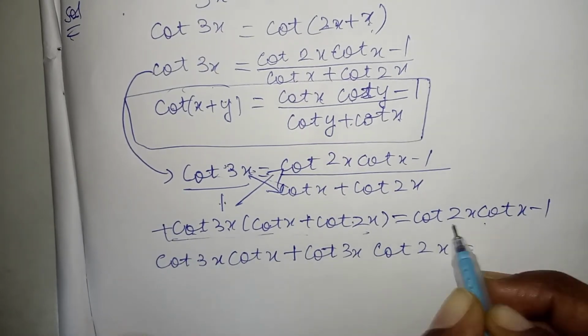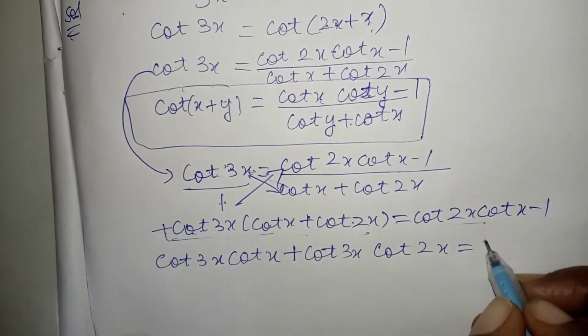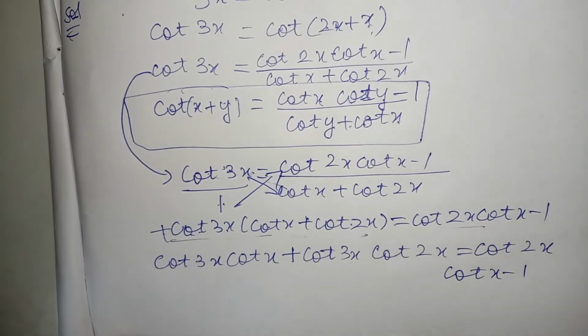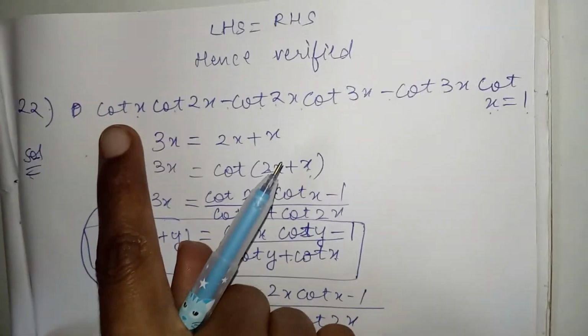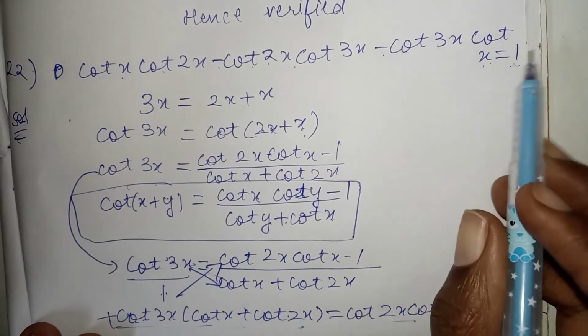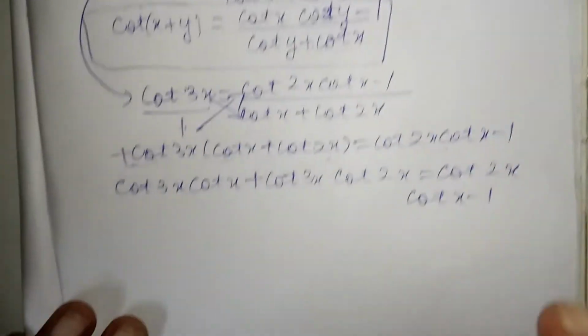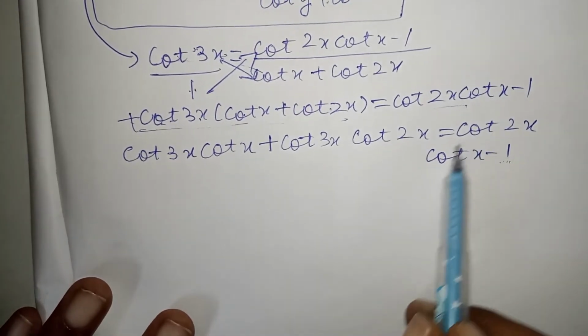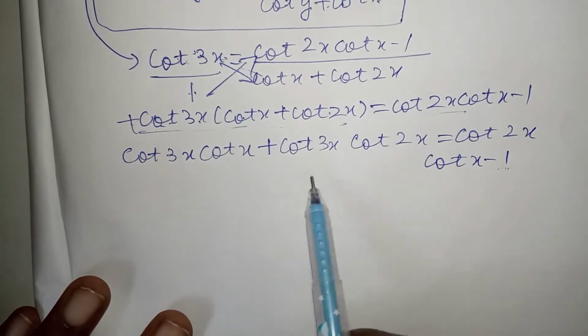So write as it is what is there in the right hand side, minus 1. So what they have said in the question, we have to take all these things aside and 1 should be only on the right hand side. So we can see 1 is already there on the right hand side. So we have to take this cot 2x and cot x also to the left hand side.